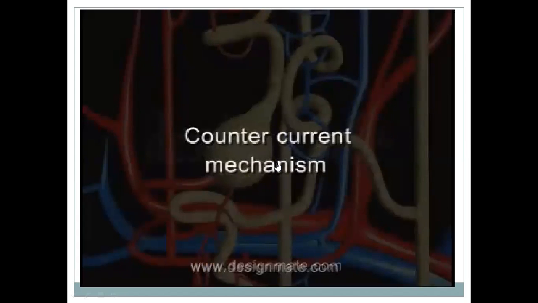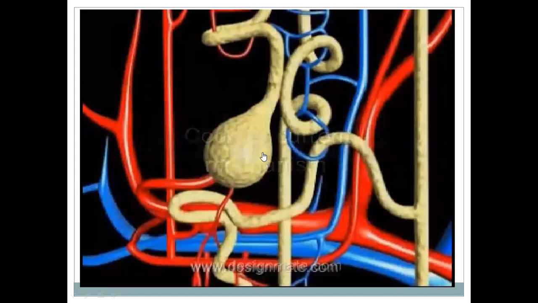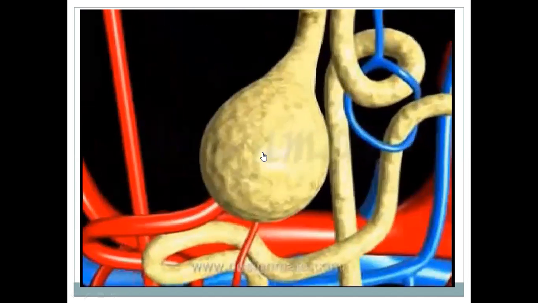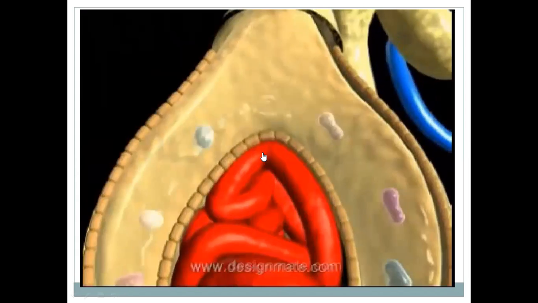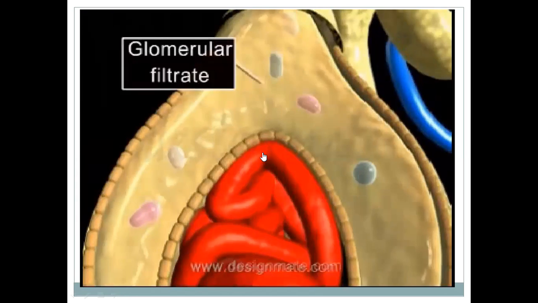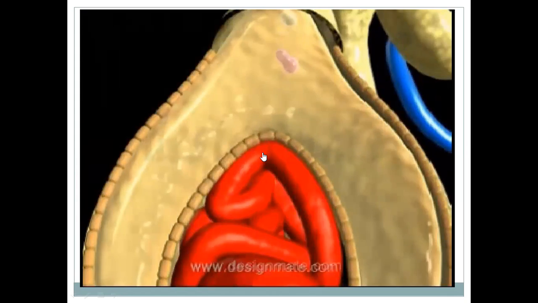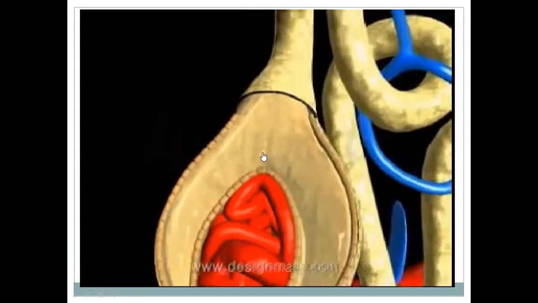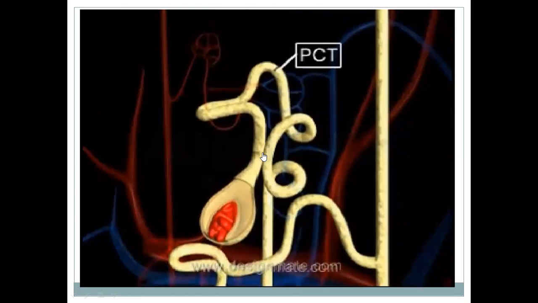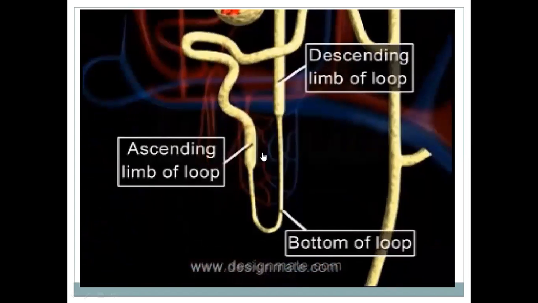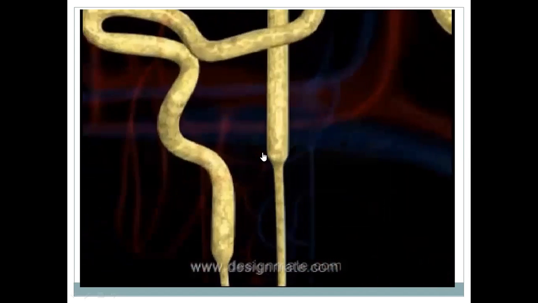Counter current mechanism. This is a very important short question, the counter current mechanism. Listen to it carefully. As the glomerular filtrate enters the PCT, the proximal convoluted tubule, it passes down the descending limb of the loop into the renal medulla region.